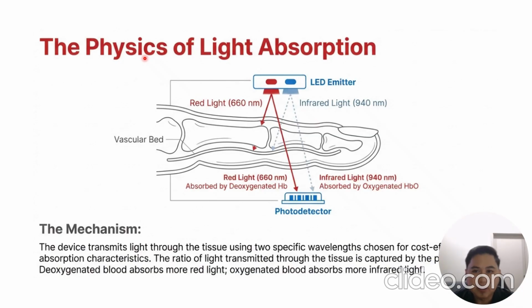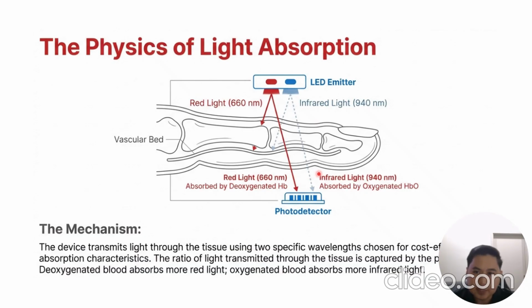The pulse oximeter operates by transmitting light through a vascular bed such as a finger. It utilizes two specific LEDs chosen for cost efficiency and absorption characteristics: a red light at 660 nanometers and infrared light at 940 nanometers.